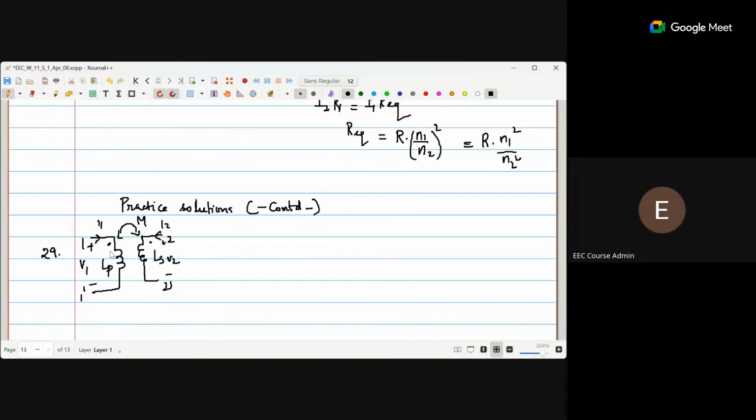For the following two-port network, the value of equivalent inductance between terminals 1 and 2, 3 and 4.